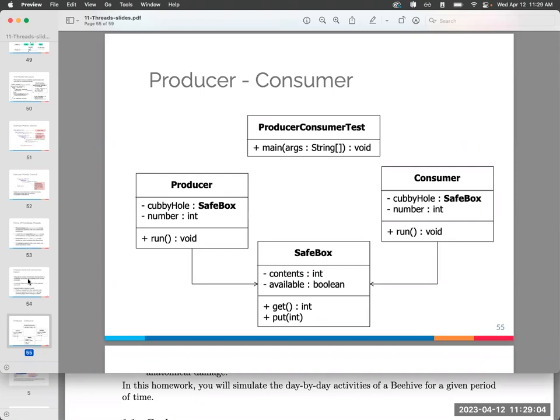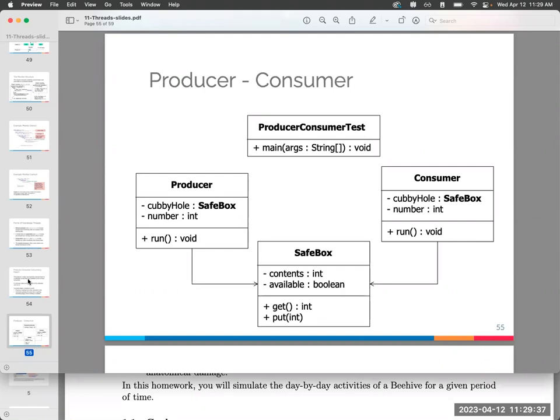So the idea is that I have a sort of safe box, a storage that is obviously limited in how many elements it can store, right? If I put one element there, that's as much as I can put there. So every time a producer produces an item and puts it in the safe box, another producer obviously cannot do the same thing because the box is full already, right?